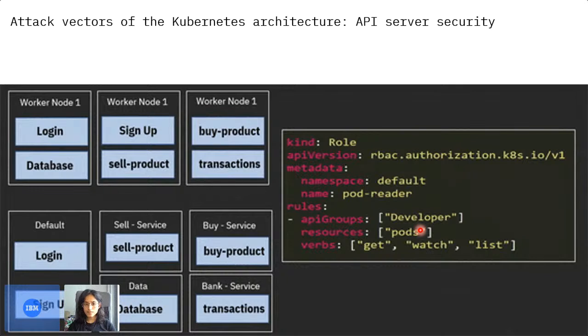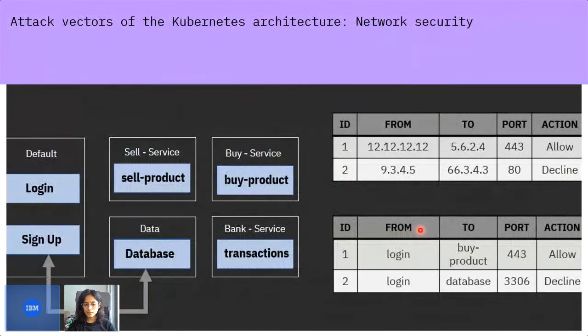Moving further, let's talk about network security. This is the area that mostly gets vulnerability attacks, so let me explain it in a little more detail. Traditionally, we used to do network segmentation, implemented physically using IP addresses.